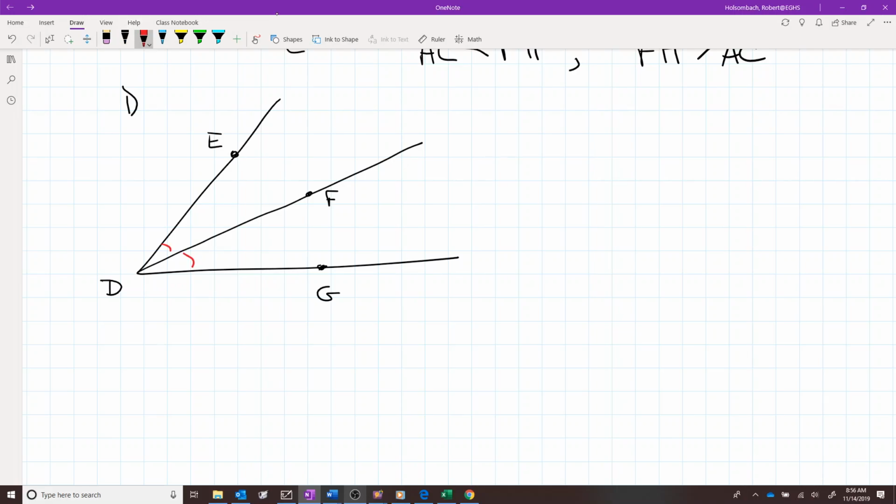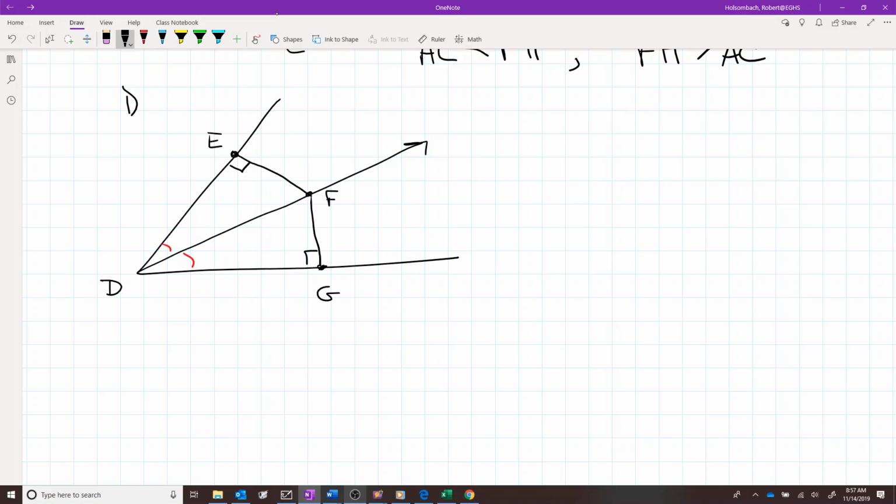So DF is an angle bisector. Segment EF and segment FG intersect at 90 degrees. So if DF bisects EDG, then any point on DF is equal distance from the sides of the angle.